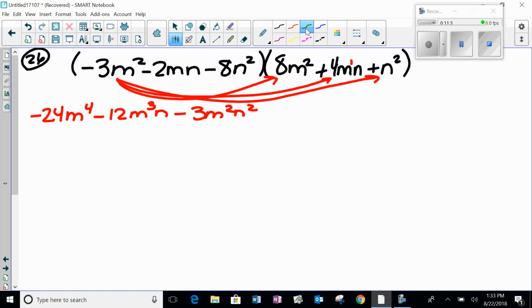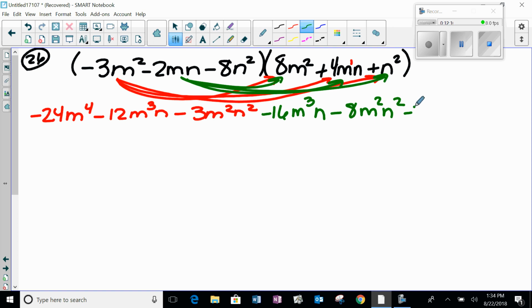Now I'm going to move to the second term. And I have negative 2mn times 8m squared is negative 16m cubed n. Negative 2mn times 4mn is going to be a negative 8m squared n squared. Negative 2mn times n squared is going to be a negative 2mn cubed.